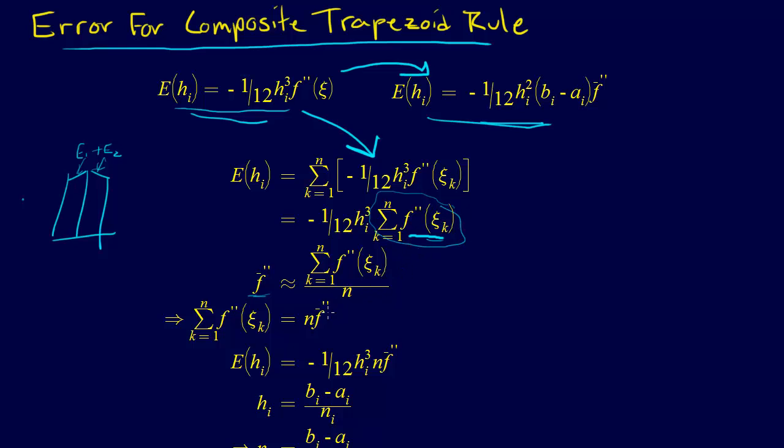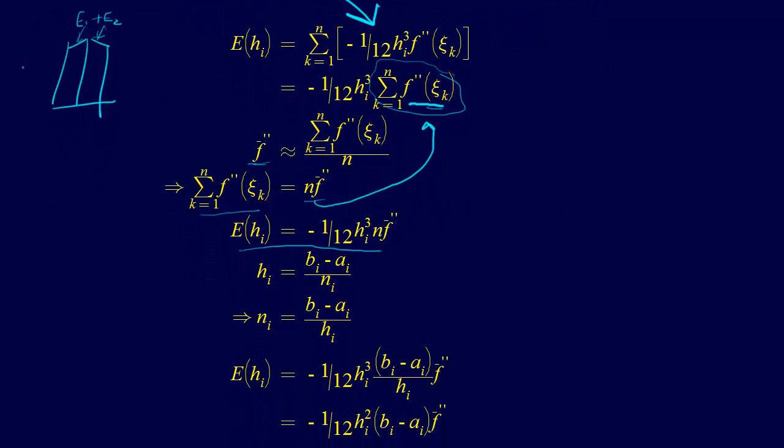So then we can just substitute. We can rearrange this and solve for this sum, which is equal to n times f bar double prime. We put n f bar double prime into our original equation, and we get E_Hi is equal to minus 1/12 h_i cubed n f bar double prime.